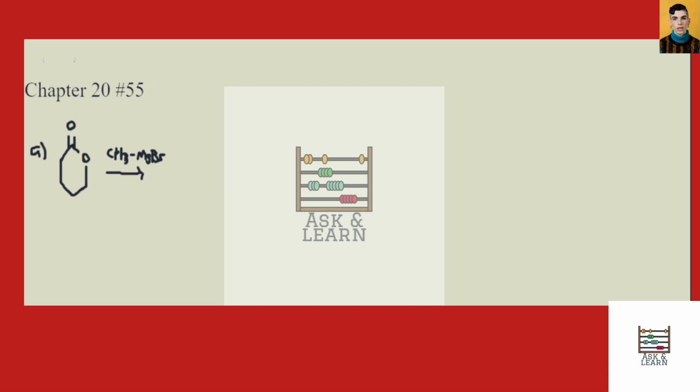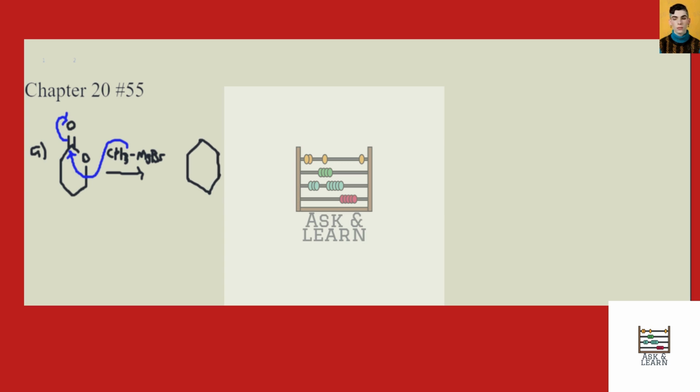Okay, and so the first thing that's going to happen here is methyl magnesium bromide is going to attack the carbonyl carbon in the typical fashion of a Grignard reagent. So like this. And so after that first step, we have this intermediate.